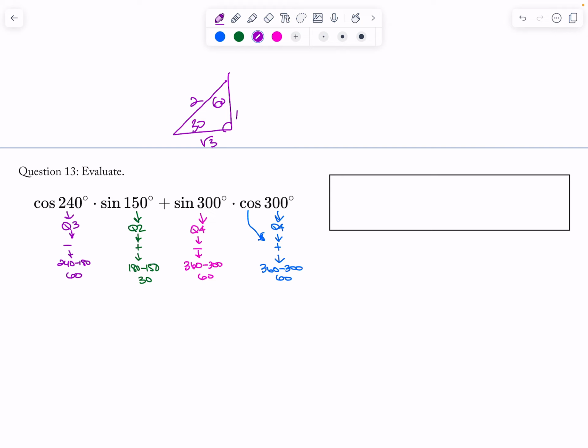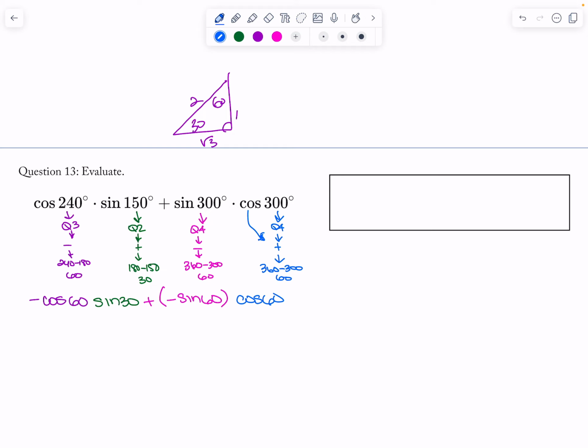Okay, so now I have negative cosine of 60, and then I have times the sine of 30. And then I have plus this, a negative plus a negative sine of 60, and then times a positive cosine of 60.